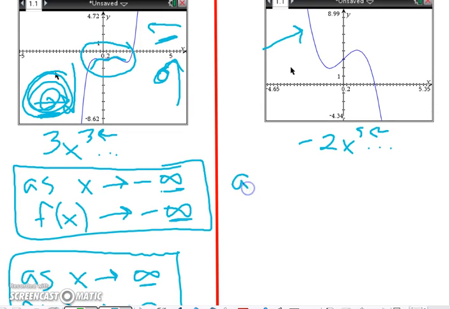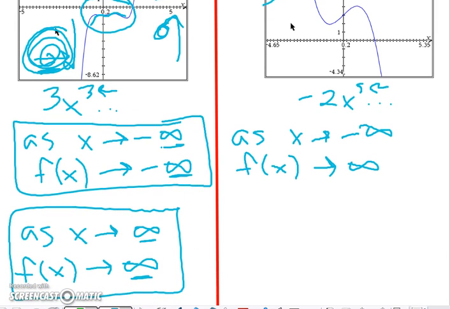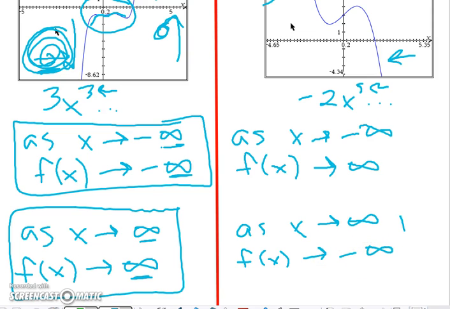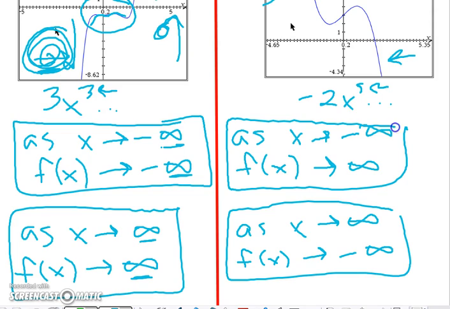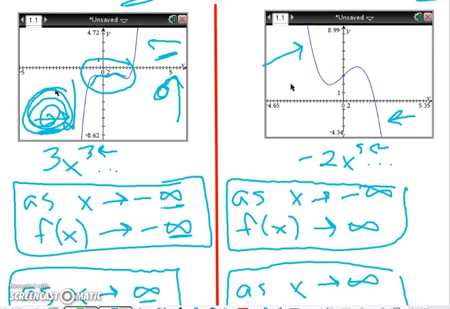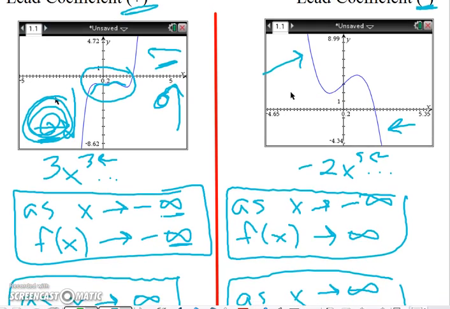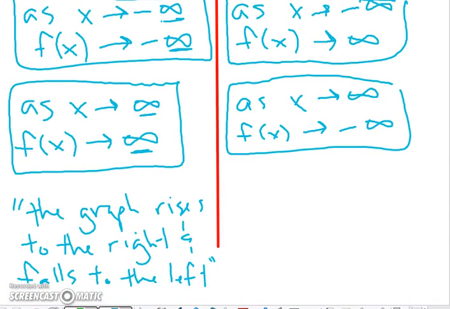So as x goes to negative infinity, because x is moving in the negative direction, f of x goes to positive infinity. And on the right side of the graph, as x goes to positive infinity, f of x goes to negative infinity. So those are the two things that happen, this time still with an odd power, but now a negative lead coefficient.